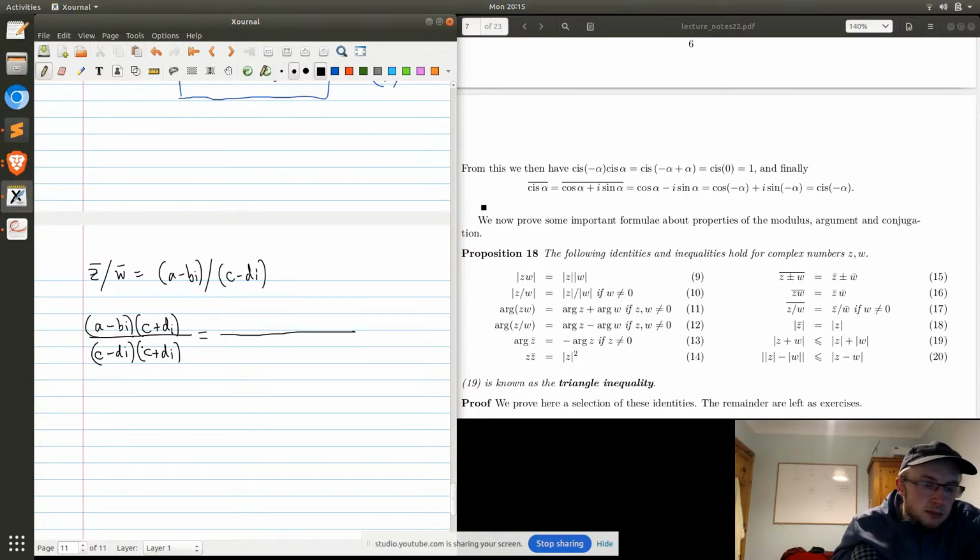Write it out and then figure it out. c squared plus d squared. That is, let's see, you've got minus bd plus bd. That's my real part. And then ad minus bc. That's my imaginary part.